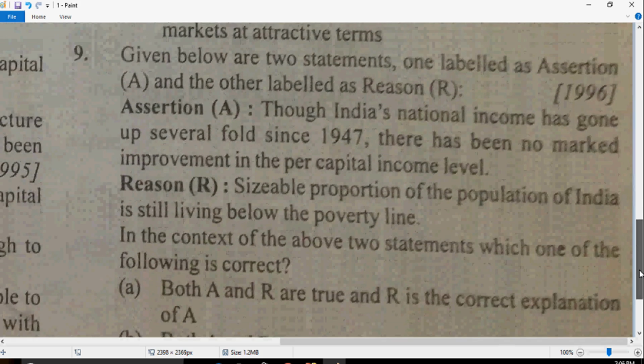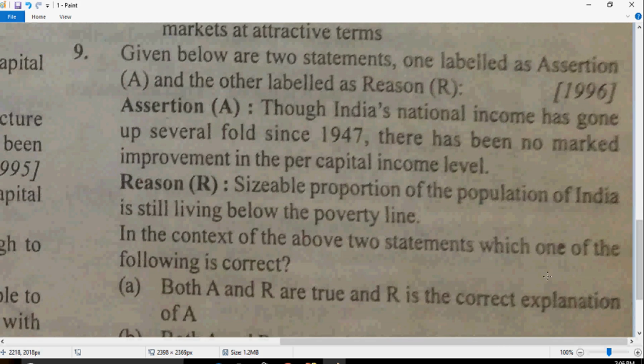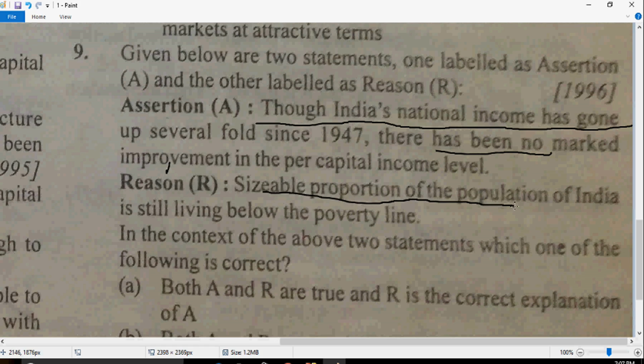Now the 9th question. Let's have an assertion and reason. The assertion is that India's national income has gone up several fold since 1947. There has been no marked improvement in per capita income level, and the reason is that a sizable portion of the population of India is still living below the poverty line.